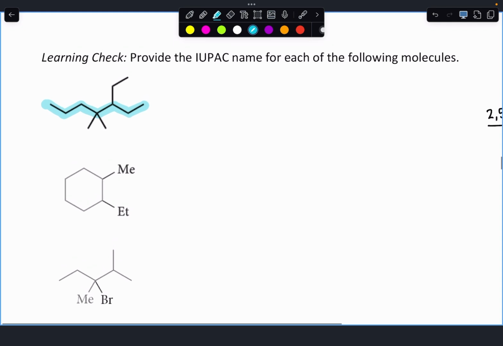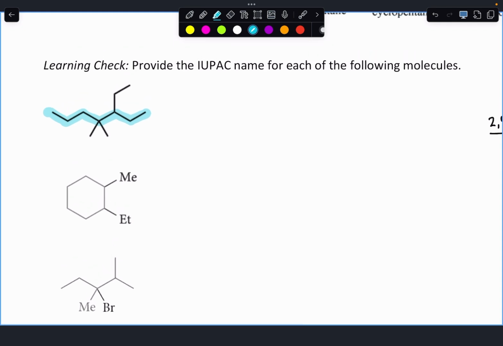Notice that if you happen to highlight, or when you're looking at the longest chain, count up those 2 carbons as opposed to straight across, you have the same length chain. So it actually doesn't matter because you would get the same molecule, right? So you could just pick one or the other. I'll go straight across because I think that's easier to visualize. But just a reminder to always look for those branches.